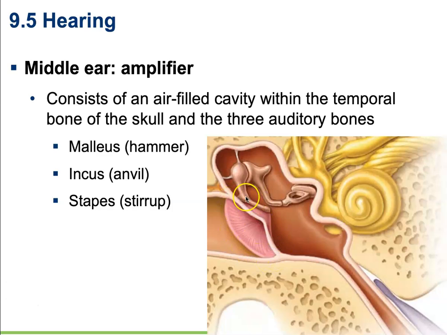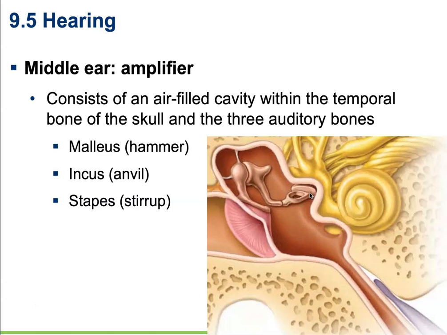So the vibrations found on this eardrum are going to be transferred to a much, much smaller surface area. So all of the pressure that is used to vibrate the bones, coming from this tympanic membrane, is going to be applied to a much smaller surface area. This is going to amplify that pressure.